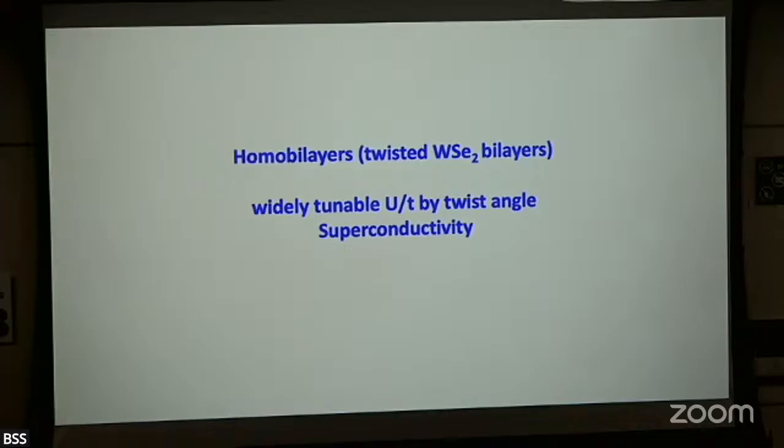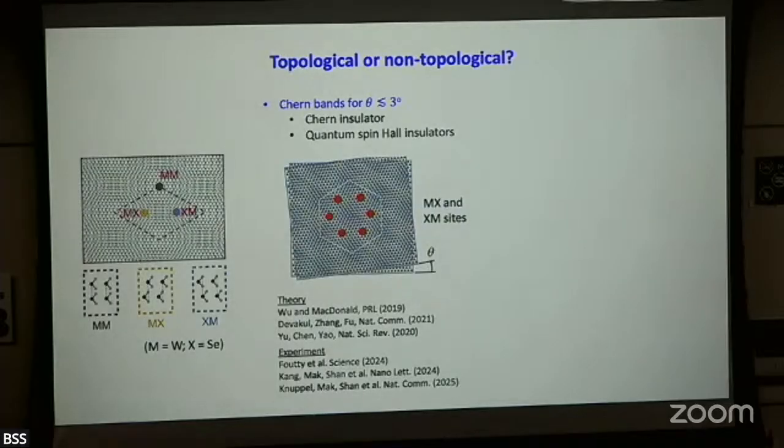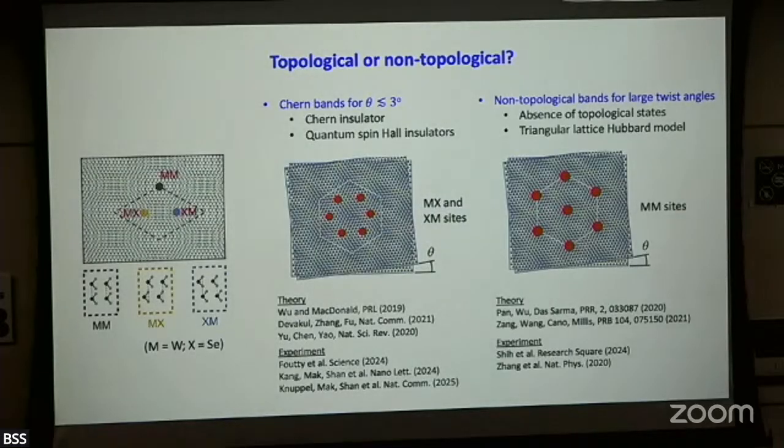So I showed you a system where we apply a large displacement field and can tune U over T, but it's kind of limited. I mentioned that with homobilayer, you actually have a large tunability by changing the twist angle. So I want to introduce this homobilayer, and you probably have seen this from Alan's talk, right? For small twist angle, this is the current understanding, and the picture may change when more numerical data become available.